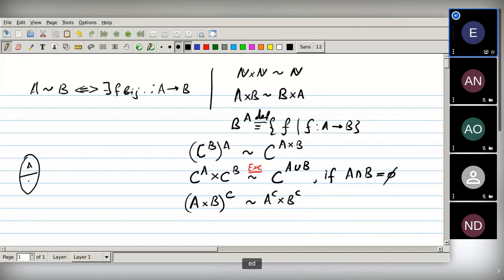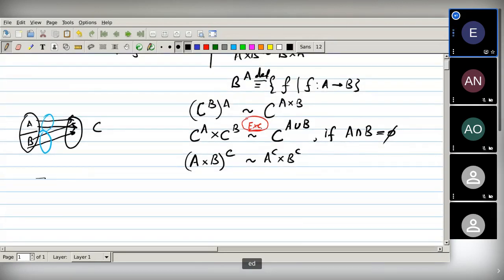Here we have A, B, and we have the set of all functions from the union of these two sets to C. But clearly every such function, given A and B are disjoint, can be expressed as a pair of two functions, a function from A and a function from B to C. Is it clear? Yes. It is an exercise, so you can prove it.